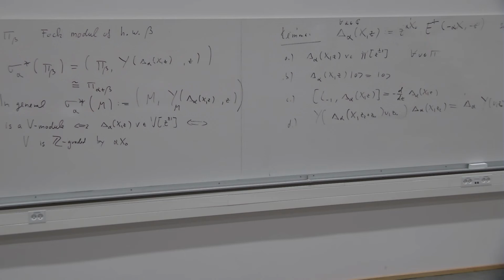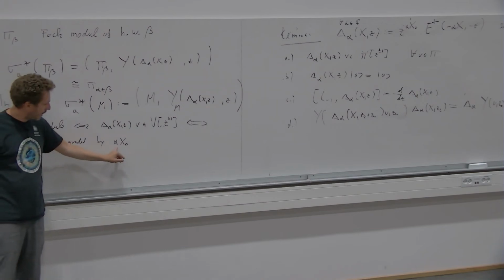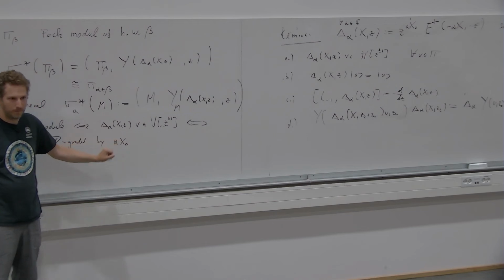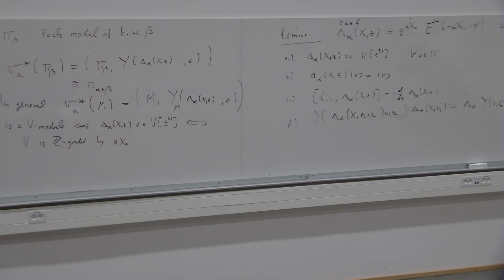Because the action is in the root lattice, and so for an affine vertex algebra, this twisted module is a module for the affine vertex algebra precisely if alpha is in the dual lattice of the root lattice. So it's a coweight.